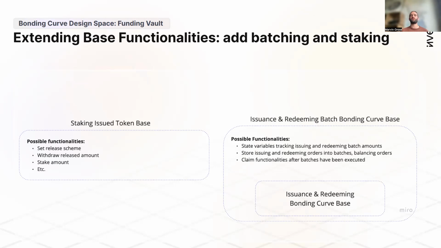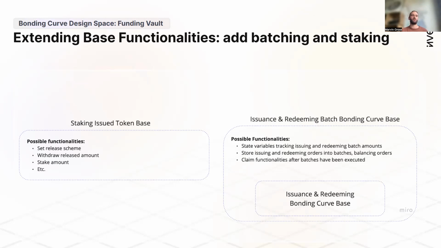So the only thing that we need to do right now is basically create another base contract, which is a staking issued token base. I just wanted to highlight that the staking could actually happen within the funding vault, but could also happen at different parts within the process.